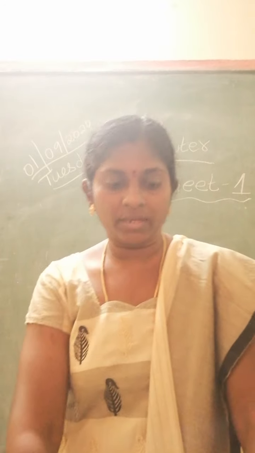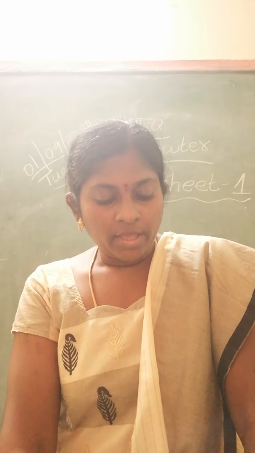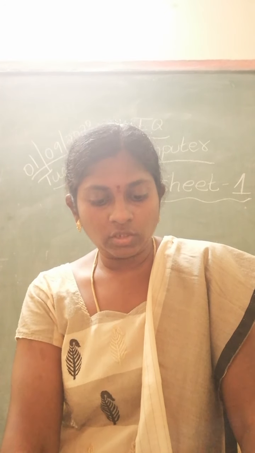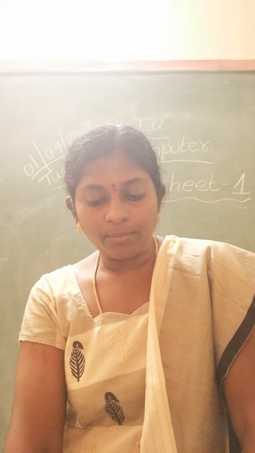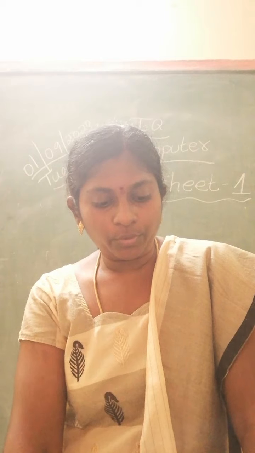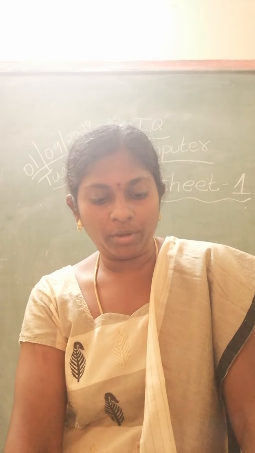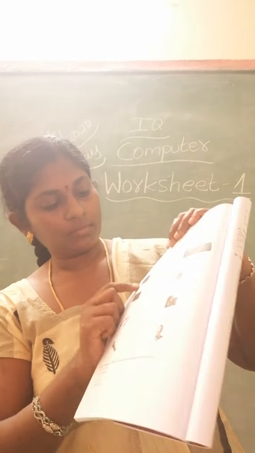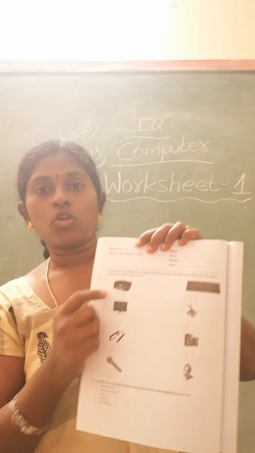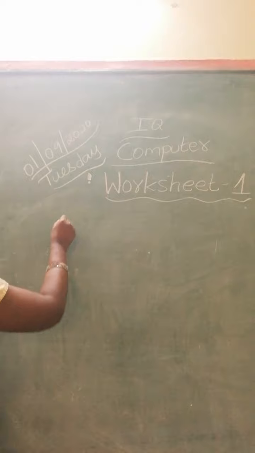What is the first bit, children? Given below are the pictures of input and output devices. Identify them and write I for input device and O for output device. Number 1, what is this? Yes, it is a printer, so it is an output device.